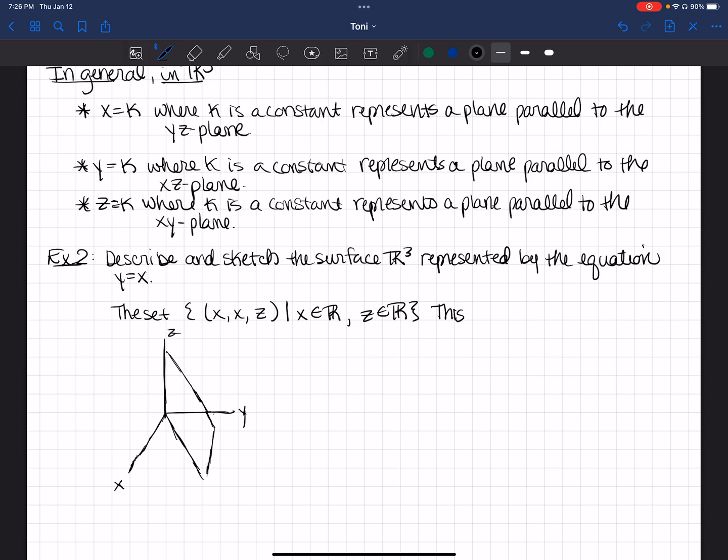Okay, so here's my plane, because here's xy. This is y equals x. Can you kind of see it sitting out there? I kind of need to erase that y a little bit, and then you're going to see it sitting there a lot better.